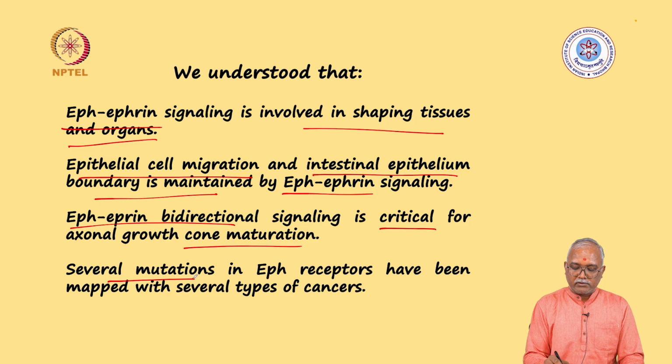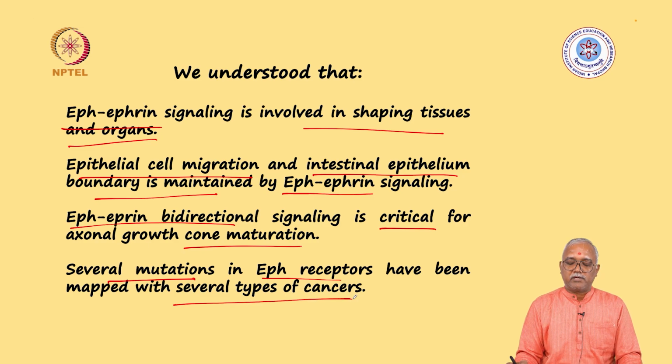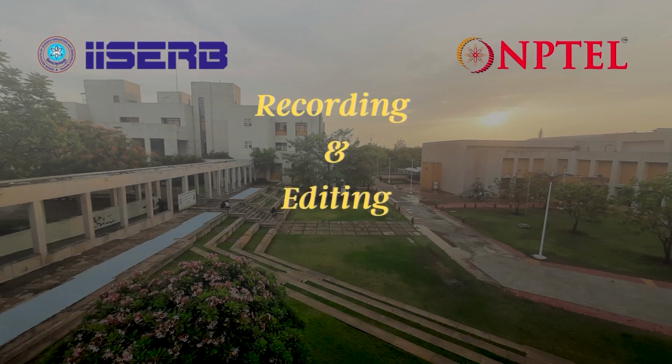The several mutations mapped to the EPH receptor come from very different types of cancers. So this Eph-Ephrin receptor presented a very unique type of receptor tyrosine kinase signaling: contact-dependent signaling, repulsive signaling, bidirectional signaling, showing properties of cis inhibition and many more things. Thank you.